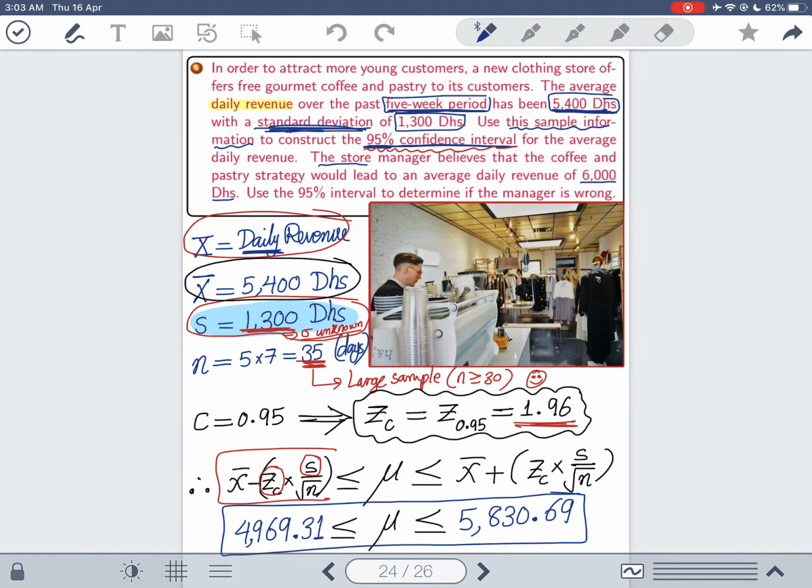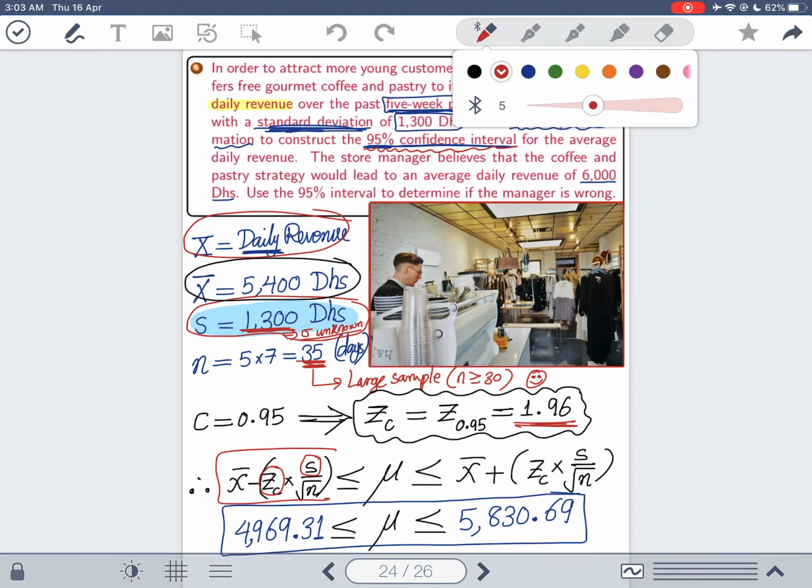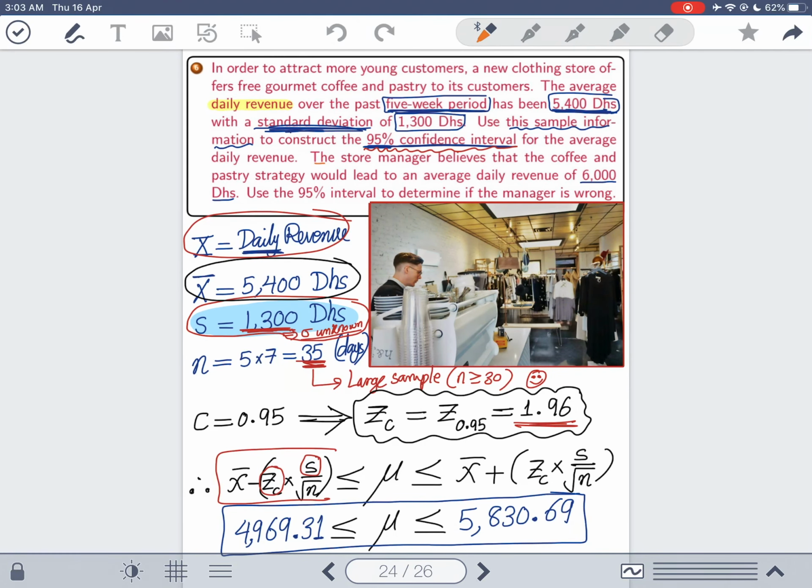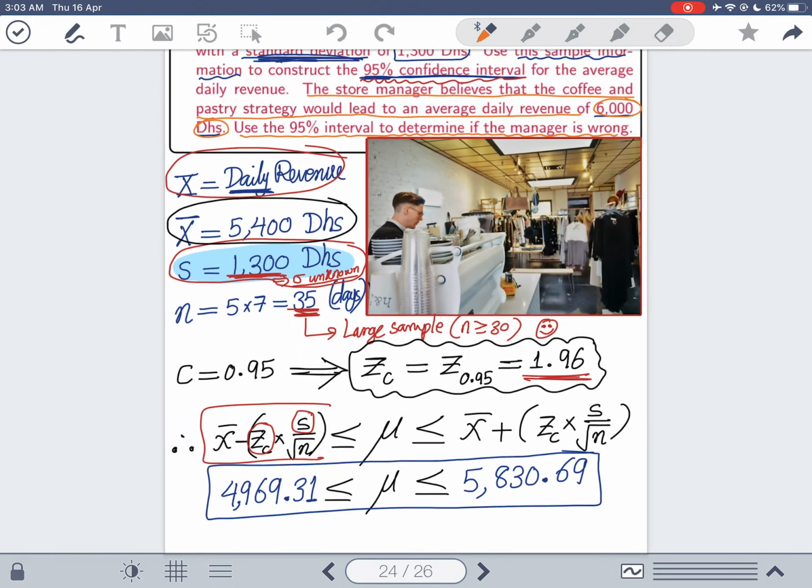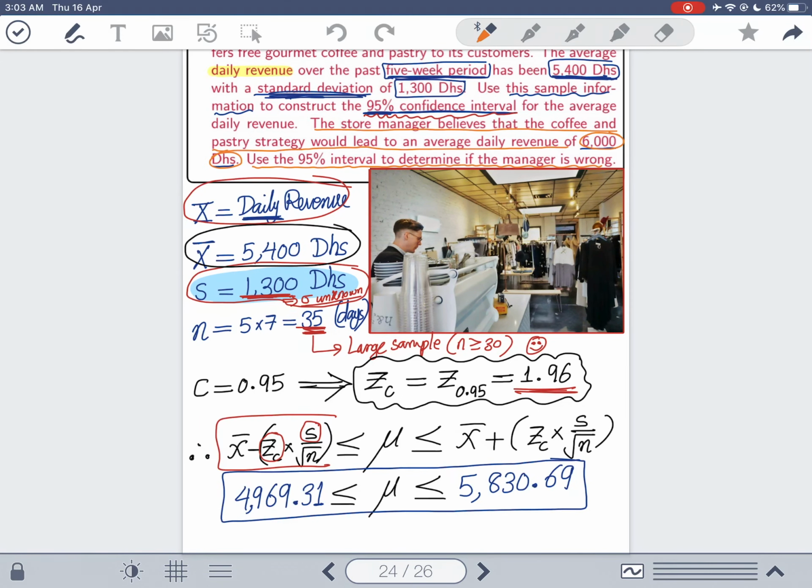Okay, now the question is, the store manager. Let's read it together, because we read it already, but now we want to answer the question. The store manager believes that the coffee and pastry strategy would lead to an average daily revenue of 6,000 dirhams. They ask you to use the 95% confidence interval to determine if the manager is wrong or right. He's claiming the population mean will be 6,000 dirhams.